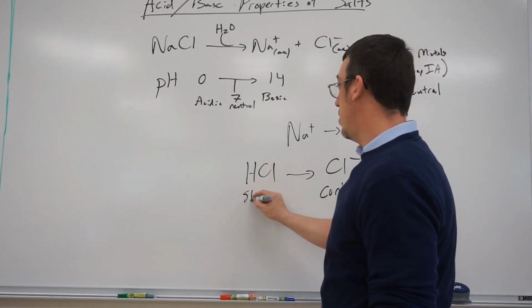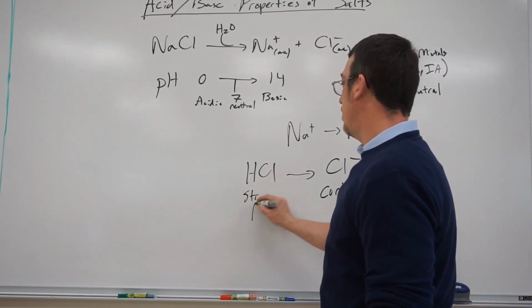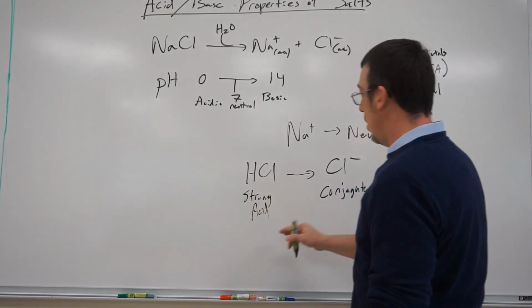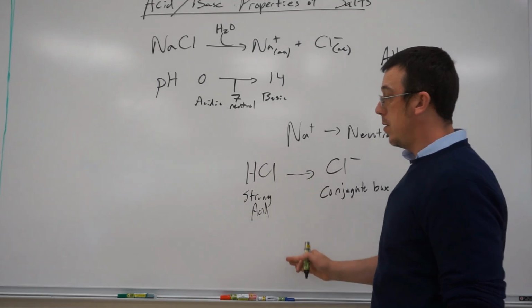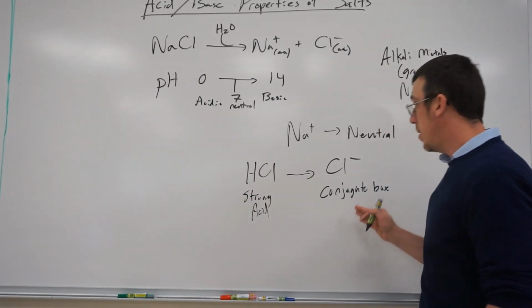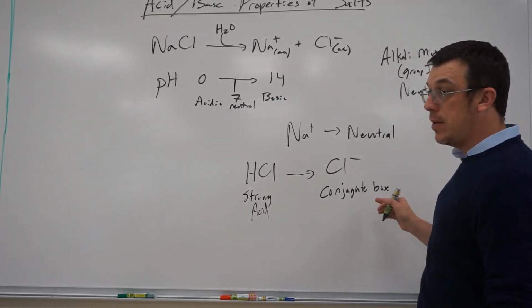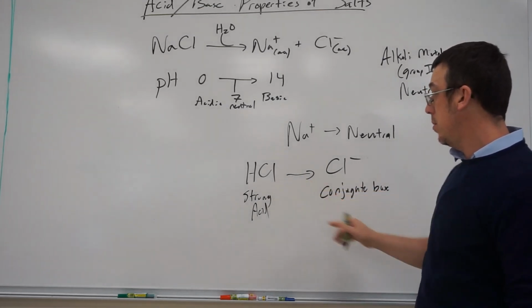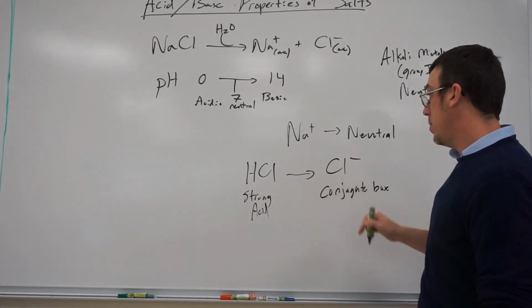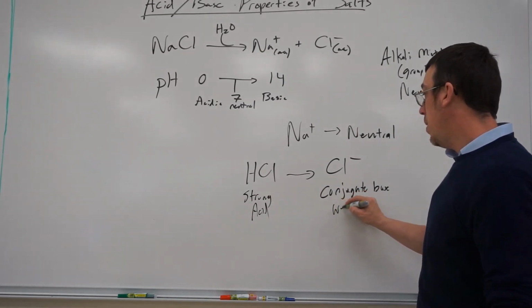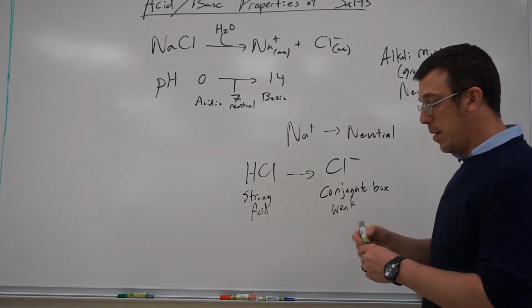Now the question becomes, what type of acid is HCl? HCl is a strong acid. All right, so if HCl is a strong acid, that means that chloride is a conjugate base. It can't be itself strong because HCl is strong. So Cl minus is a weak conjugate base.